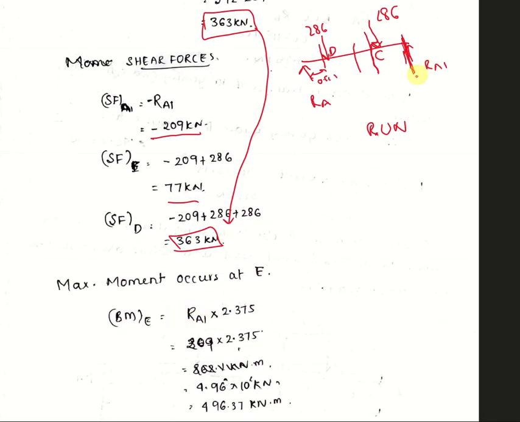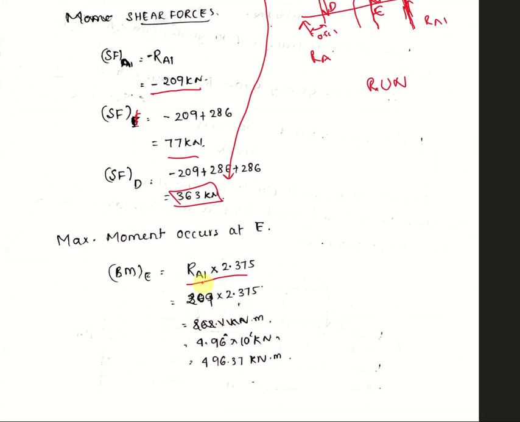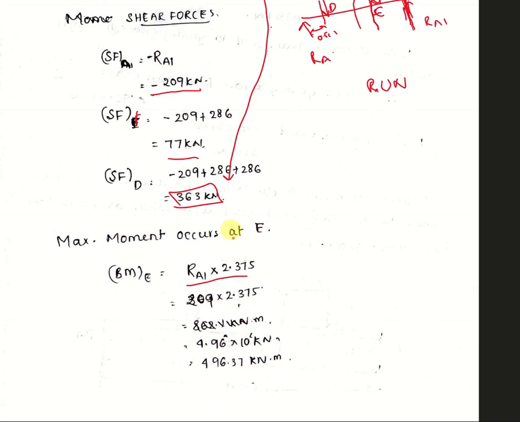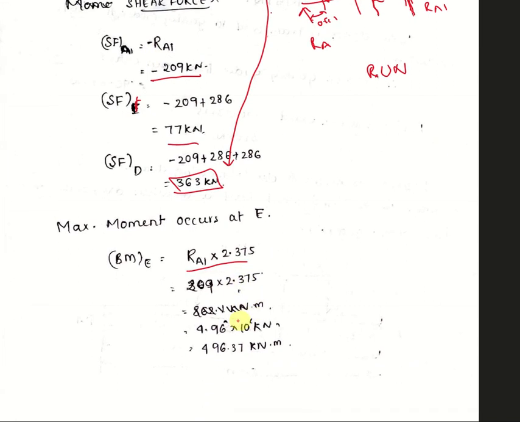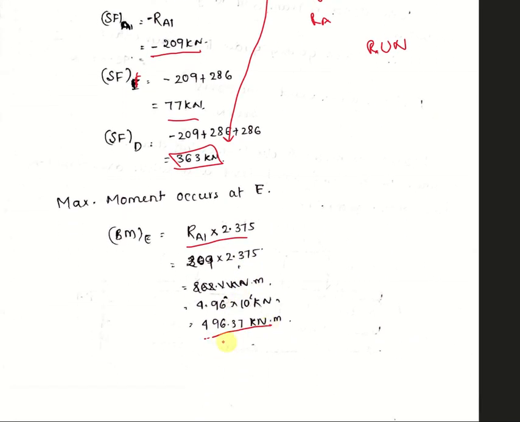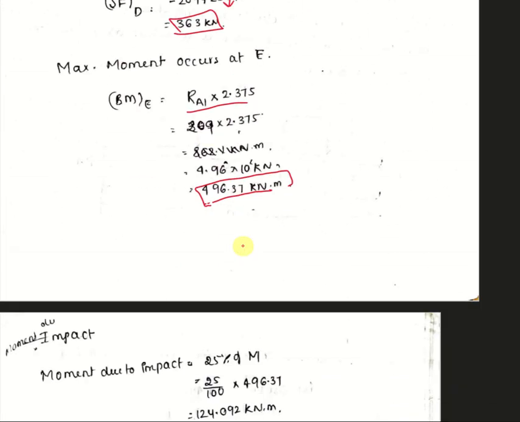It's simply RA1 into 2.375. Sorry, this is point E. Not E, it's C, not C. Okay. So RA1 we have the value as 209 kilonewton and 2.375 is the distance. Together we get the maximum bending moment.